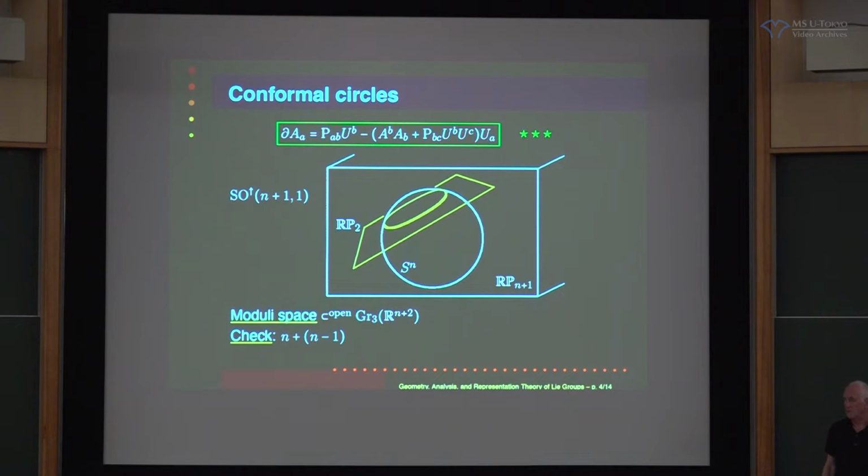Okay, and then you have to specify some additional acceleration, because this is an equation on the derivative of an acceleration. And the acceleration could be anything provided it is orthogonal to the initial direction. The 0 acceleration is perfectly acceptable, but it's something which is orthogonal to the original direction.